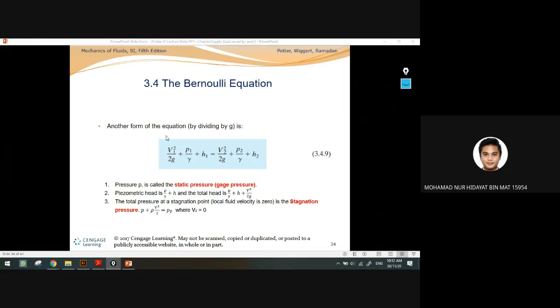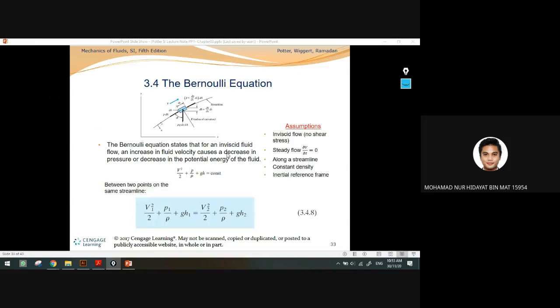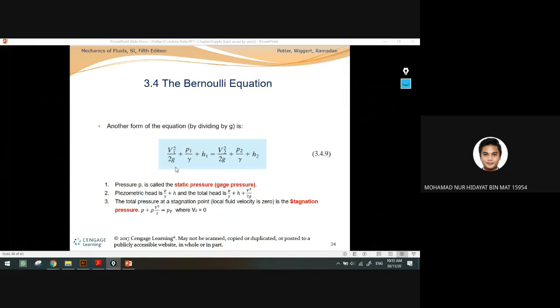Another form of the Bernoulli equation is when we divide by gravity. So all of this we divide by gravity. We get 2g, rho g, and h only. You can see rho g we convert to gamma and it becomes this equation.